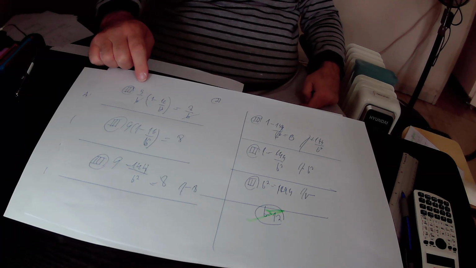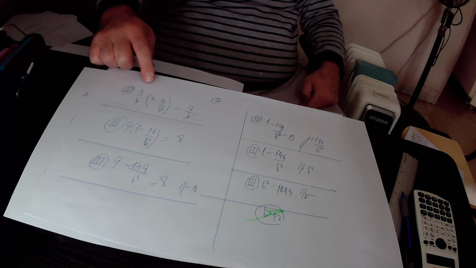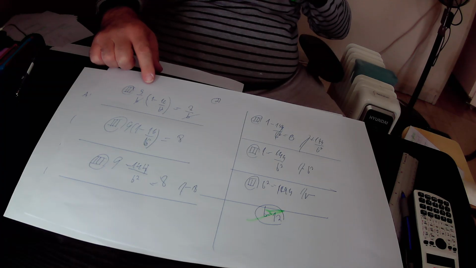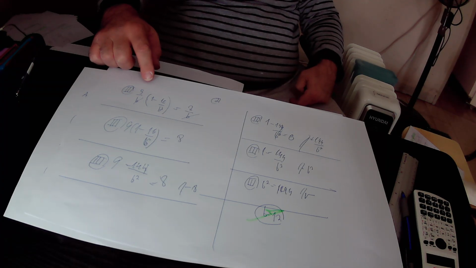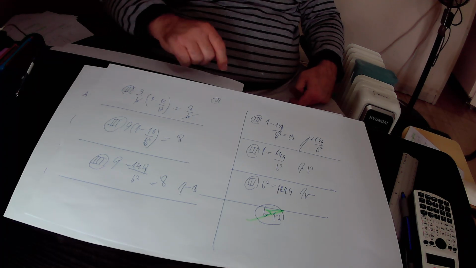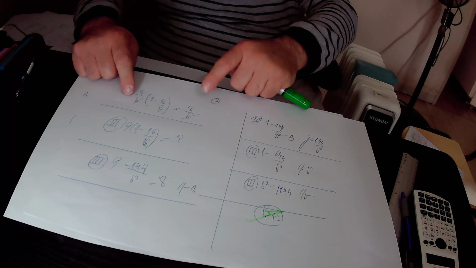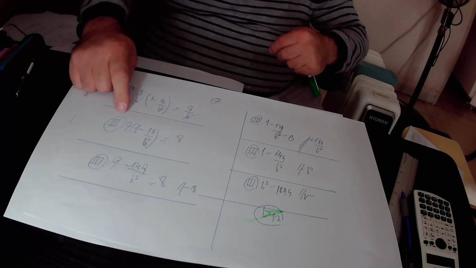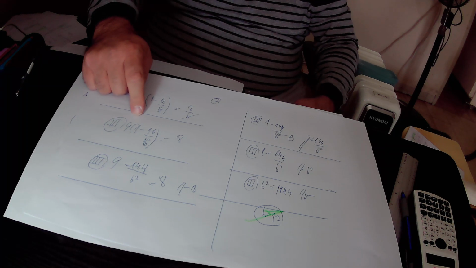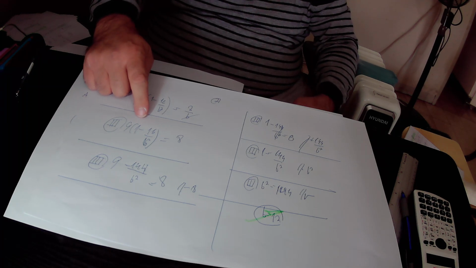9 over b times 1 minus 16 over b square equals 8 over b. We have b on both sides of the equation, so b cancels. On this side of the equation we are left with 9 times 1 minus 16 over b square.